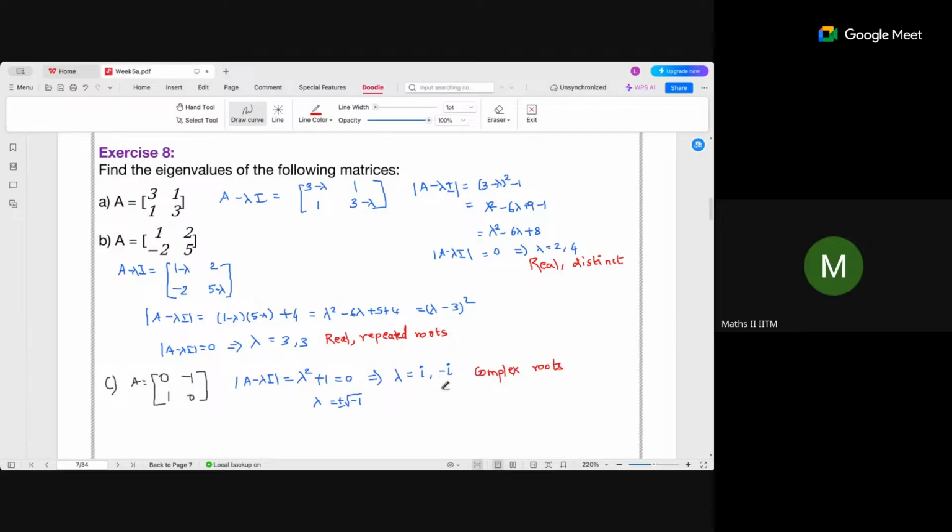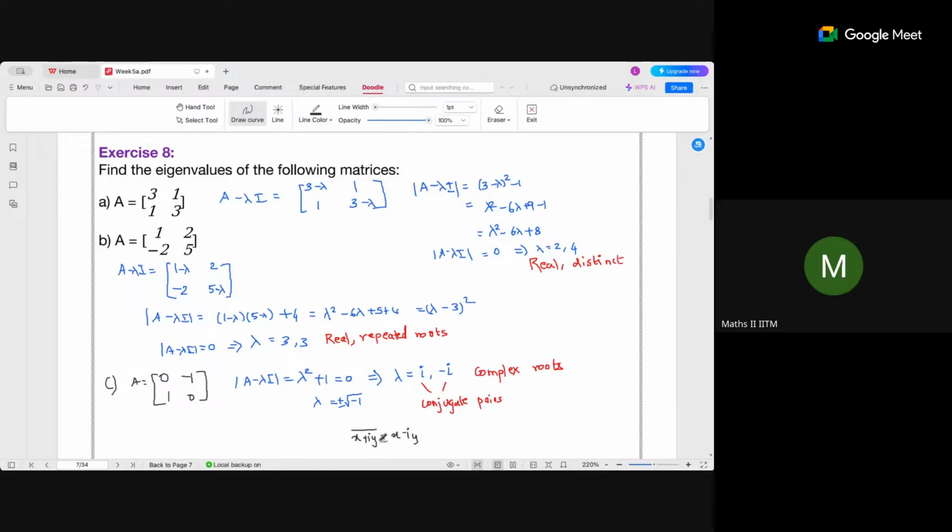Note that we always know that complex roots occur in conjugate pairs. What is the conjugate of a complex number, you all remember? If you have x plus iy, the conjugate is x minus iy.